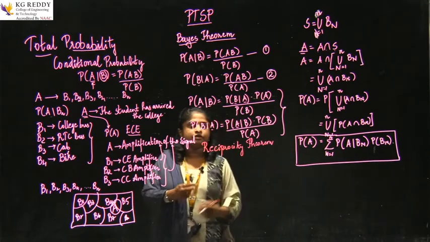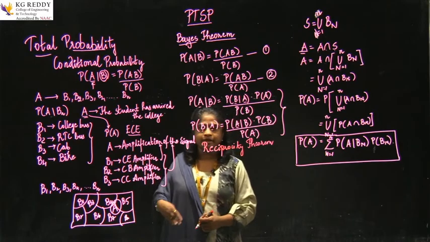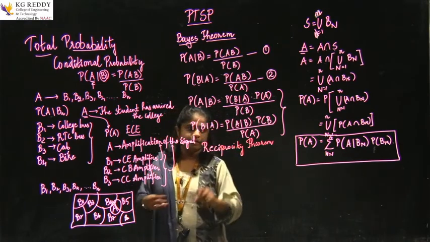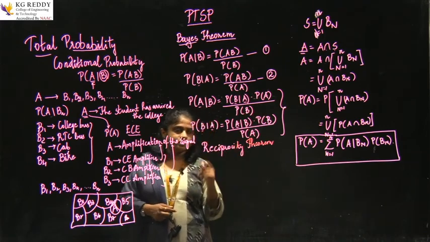That means whenever probability of A by B is given, we are also finding out probability of B by A. So, this is the reciprocity theorem.